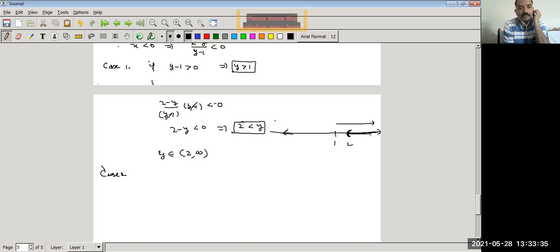Case 2, if y minus 1 is less than 0, then if we multiply by y minus 1, a negative number, then (2 minus y) upon (y minus 1) into (y minus 1), if we multiply by a negative number, then the inequality is reversed.